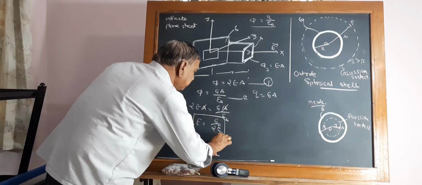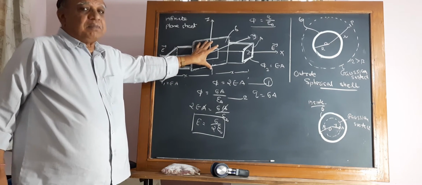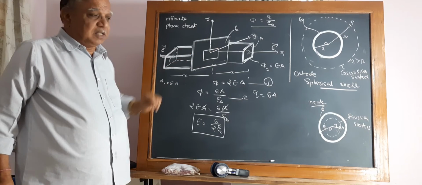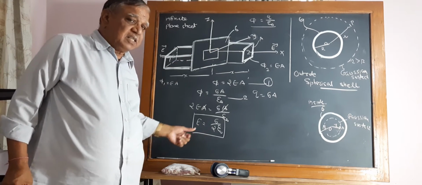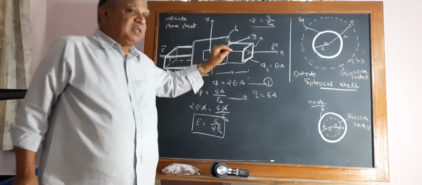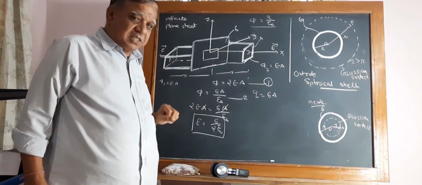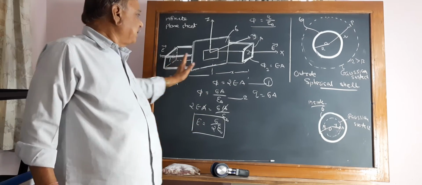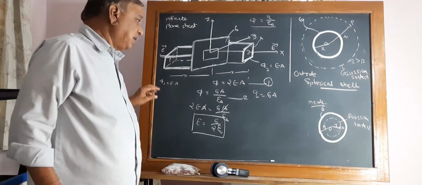This is the magnitude of the field produced by the infinite plane sheet. From the equation it is clear that it does not depend upon the distance of the point from the plane sheet, means independent of the distance. So the field at any point remains the same in the case of the infinite sheet.